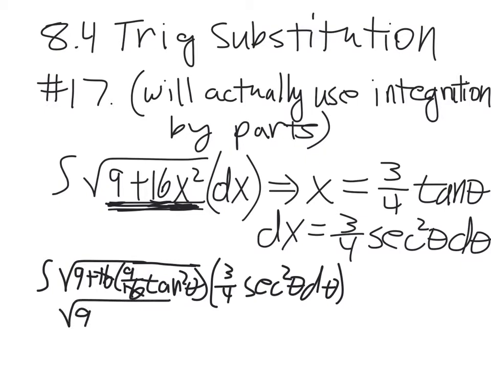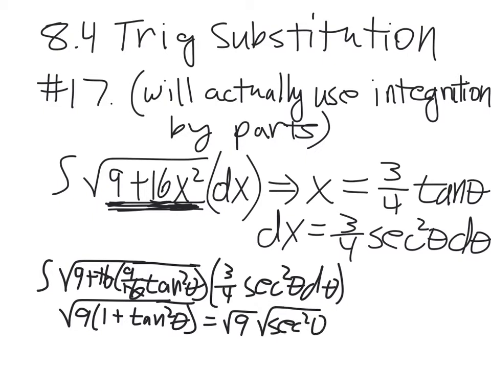We can factor out a 9, and we'd have 1 plus tangent squared theta under the radical, which would give us square root of 9 times square root of secant squared theta.